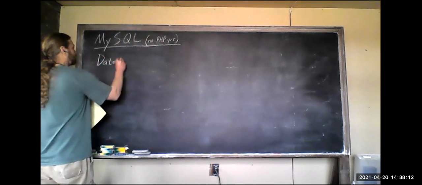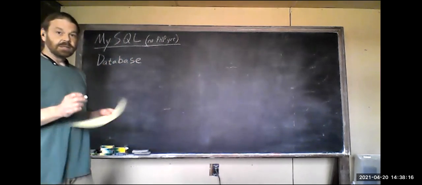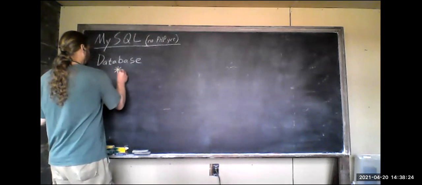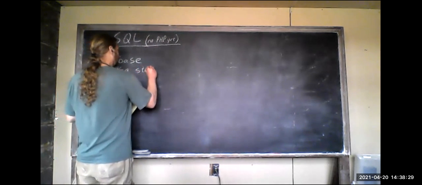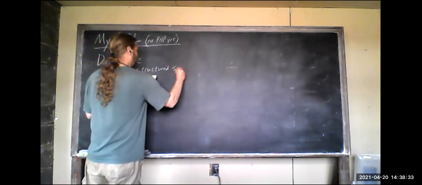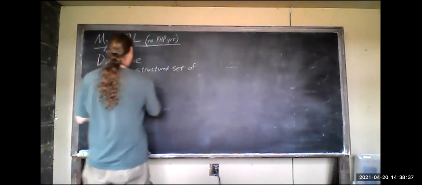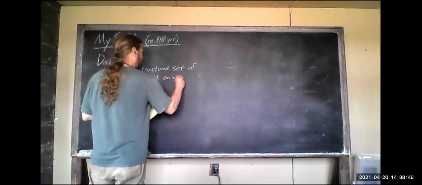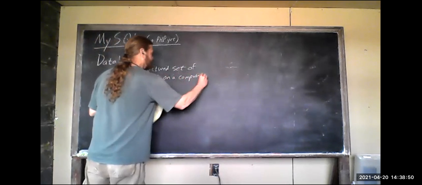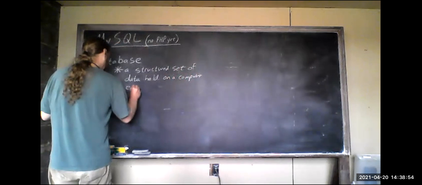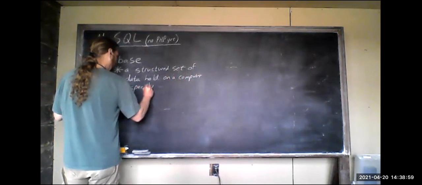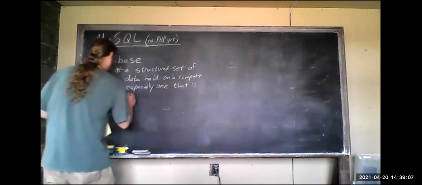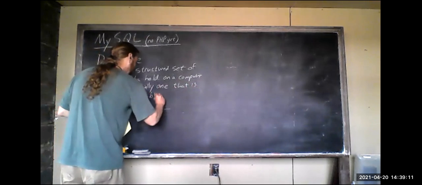Database. So a database, the technical definition is a structured set of data held on a computer, especially one that is accessible in various ways.